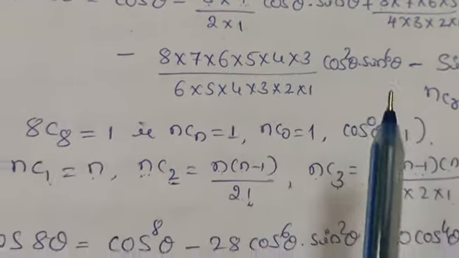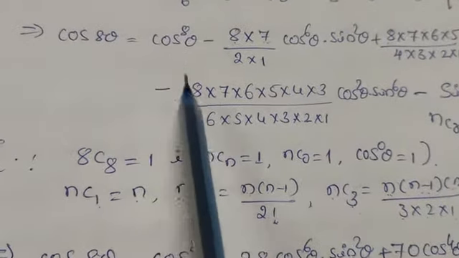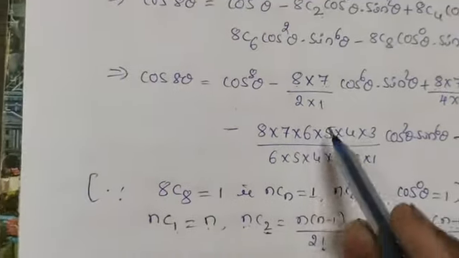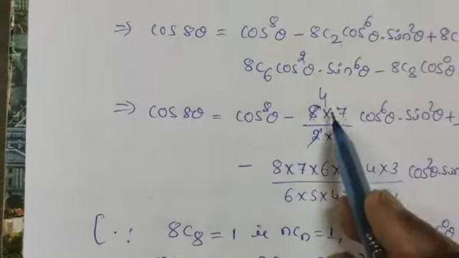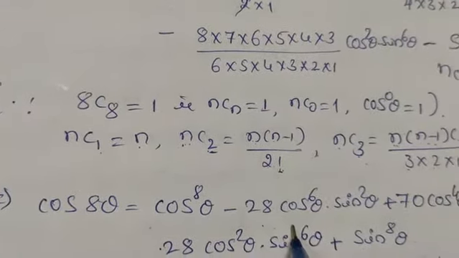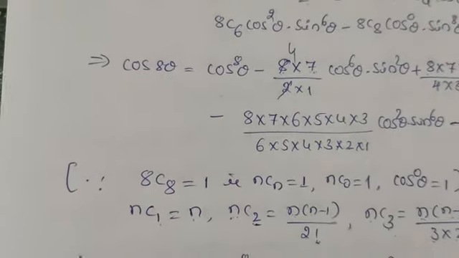To simplify this, it is equal to cos to the power of 8 theta as it is, minus. Let us simplify here. 2 1s are 2, 2 4s are 8. So 4 into 7 is 28. 28 cos to the power of 6 theta into sin square theta as it is.